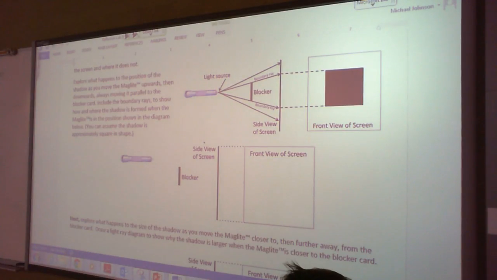So start with those boundary rays, draw a few rays that make it through, and maybe draw a couple of rays that get blocked off.